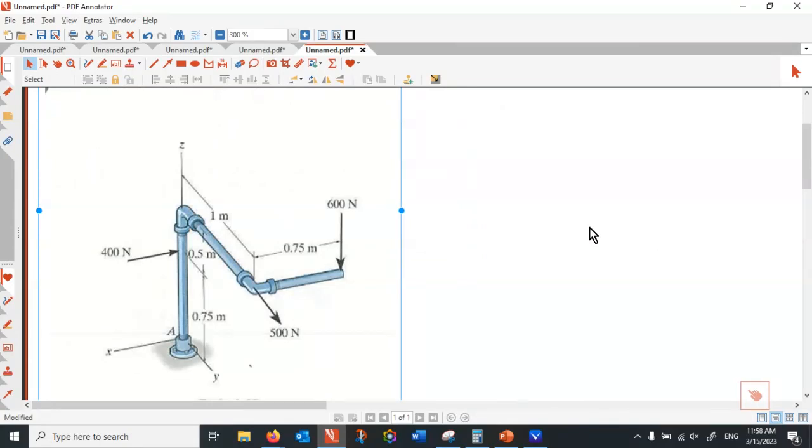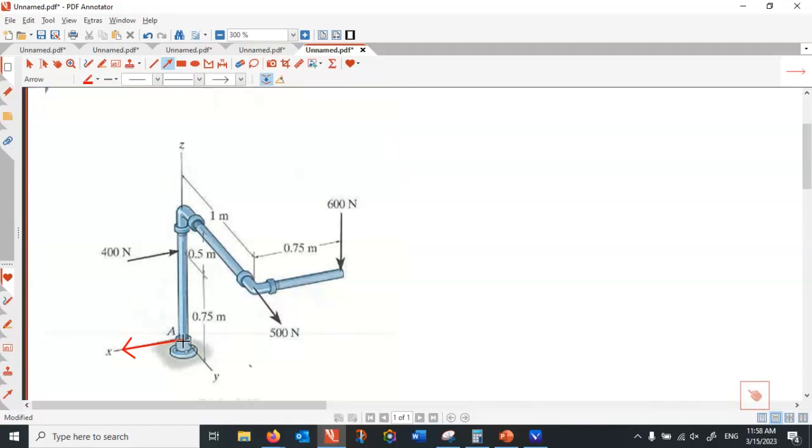Okay, so we are going to release the structure at point A. What type of support is A? That's a cantilever, right? That's a cantilever. It resists against translation and rotation in 3 dimensions. So I would include a force here as AX, AY, AZ, and also I include the moment as MX, MY, and MZ.